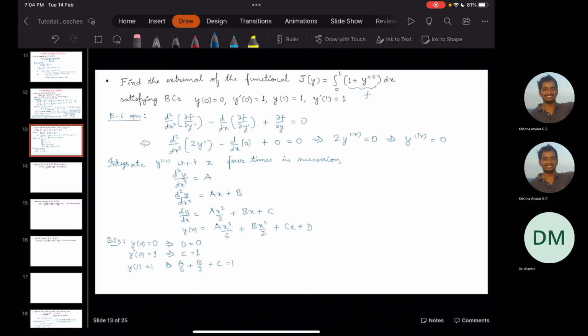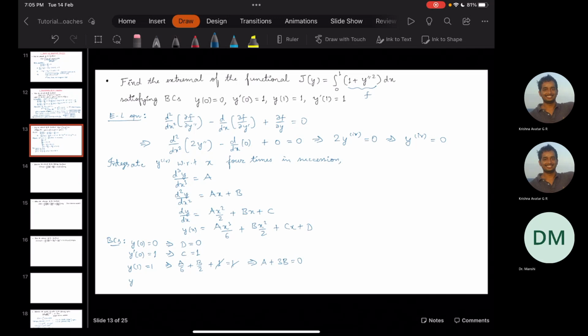Since c is 1, the 1 goes away, so this leaves us with, and multiplying throughout by 6, we have a plus 3b is equal to 0.